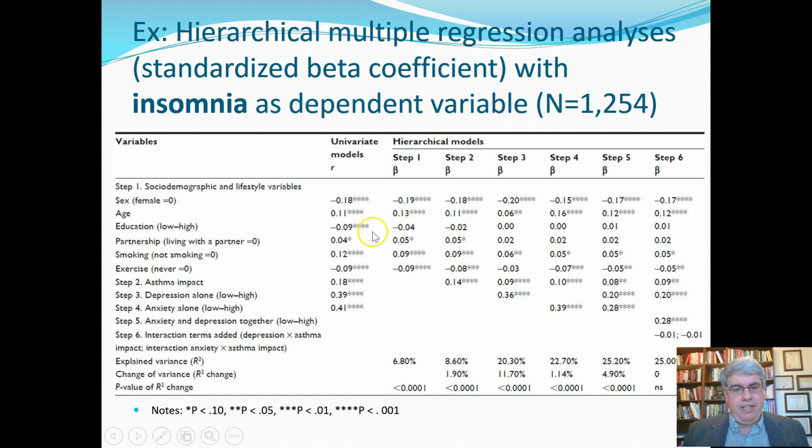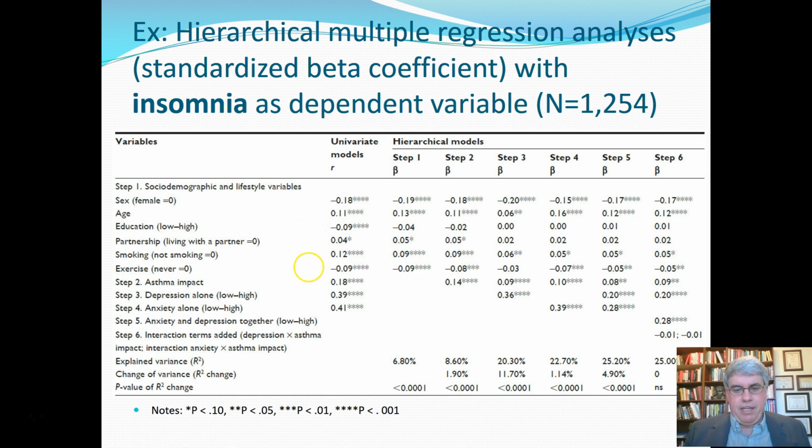And sure enough, education, when you put in the other variables, no longer is a significant predictor of insomnia. That's more accounted for by other things here, because perhaps education and smoking might be strongly correlated, and so it's really the smoking that predicts problems with insomnia rather than the education.